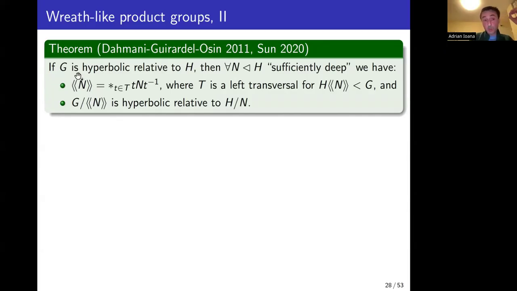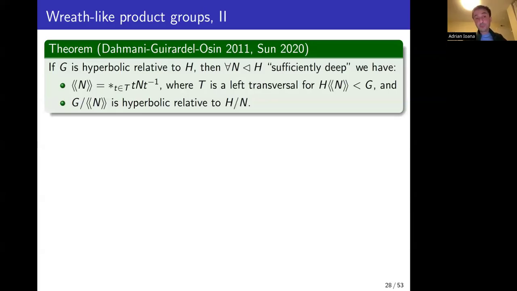If a group G is hyperbolic relative to a subgroup H, then for every normal subgroup N of H which is sufficiently deep, what this means is that N avoids a finite set of non-trivial elements of H, so it avoids this sort of bad subset of H, then the normal closure of N in G is a free product of conjugates of N, over conjugates lying in a certain left transversal.